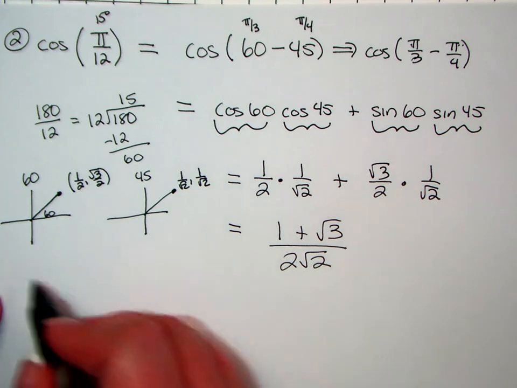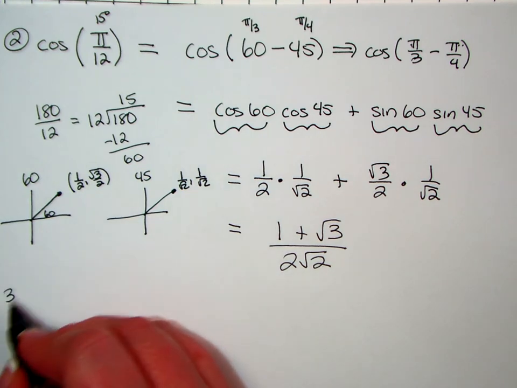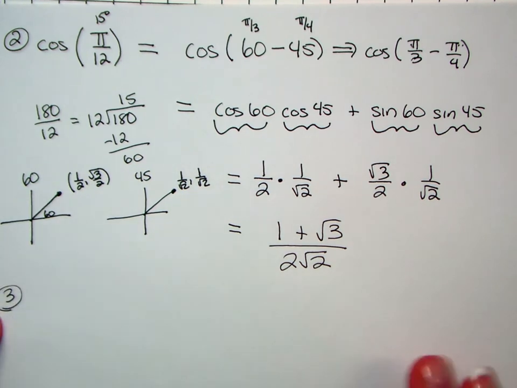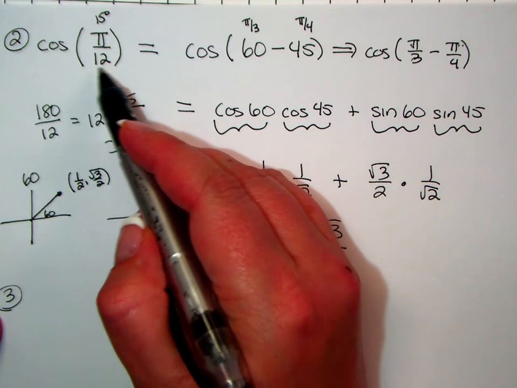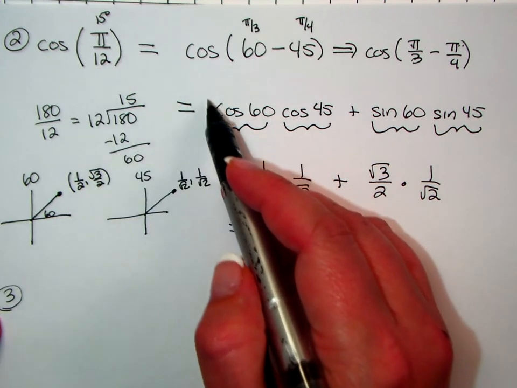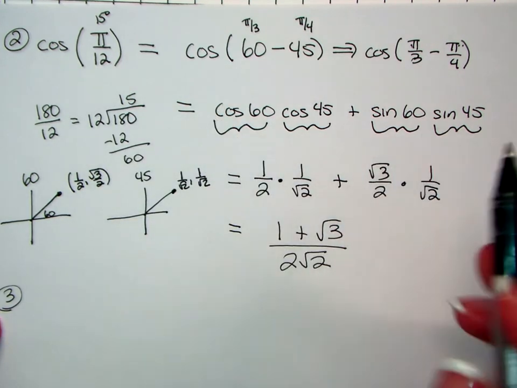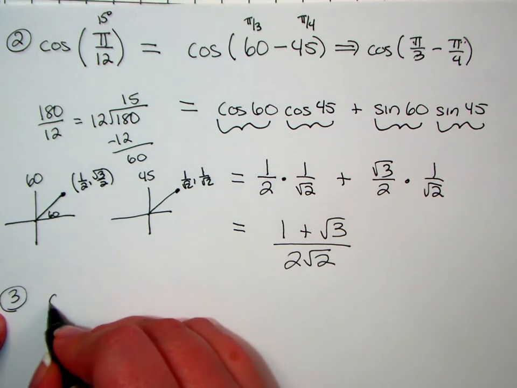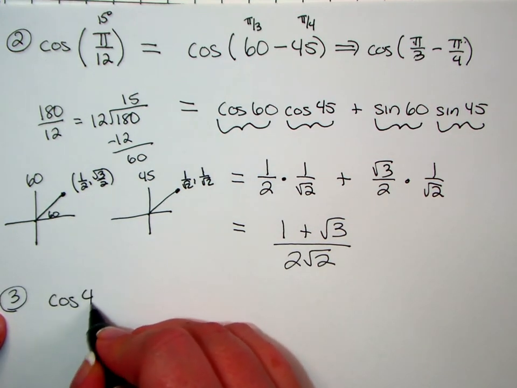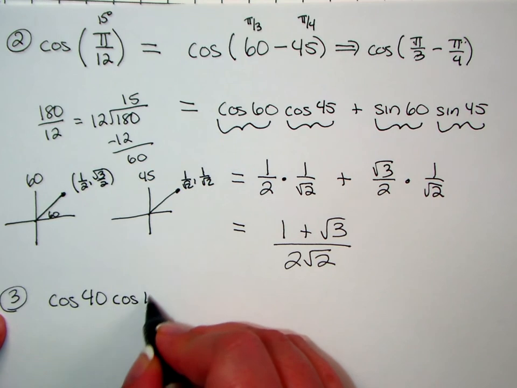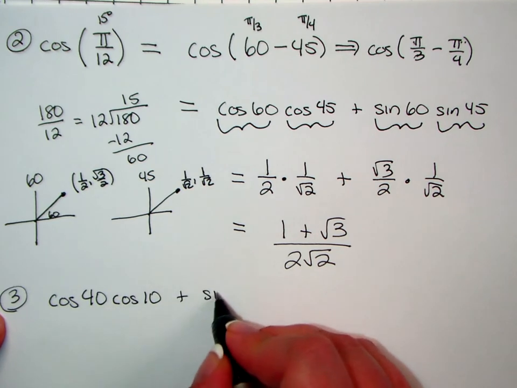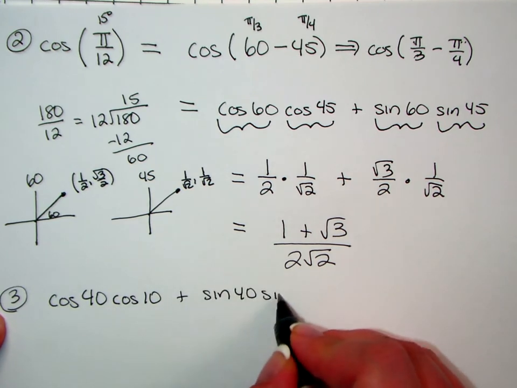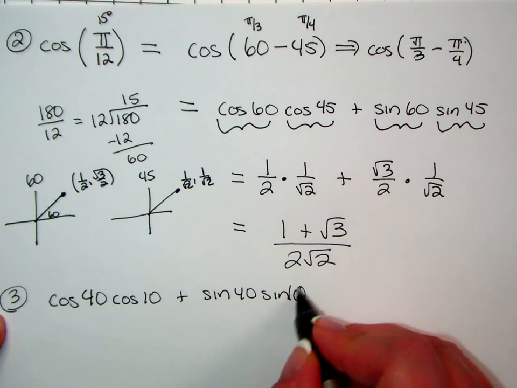All right, so the next, actually 3, instead of giving you cosine of an angle, I'm going to give you what the sum and difference formula says, and you're going to work backwards. Right? So number 3, what's cosine 40, cosine 10, plus sine 40, sine 10? Right?